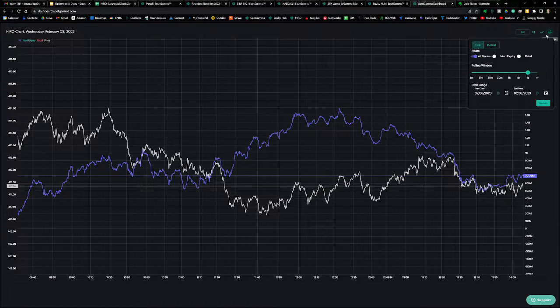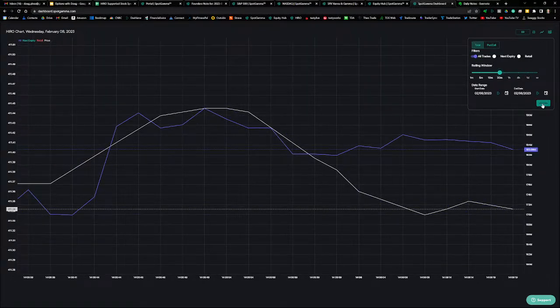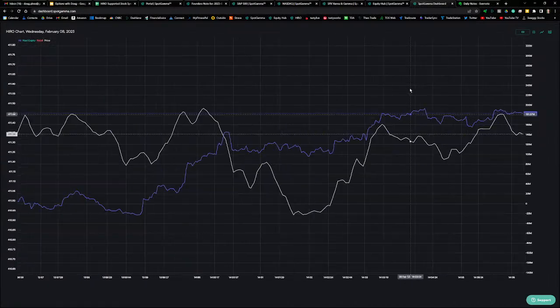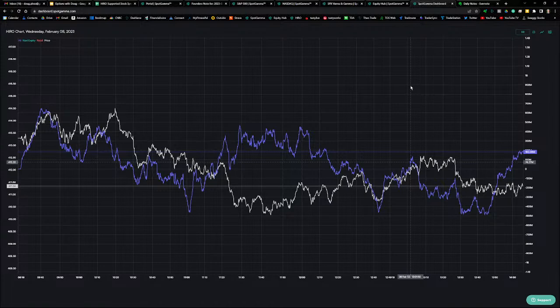I'm just going to change the look back period to see if this gives us any more clarity. So instead of looking at the cumulative signal for the entire day, so yeah, it does.